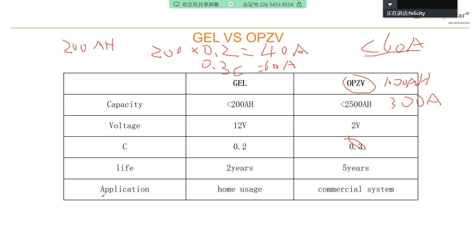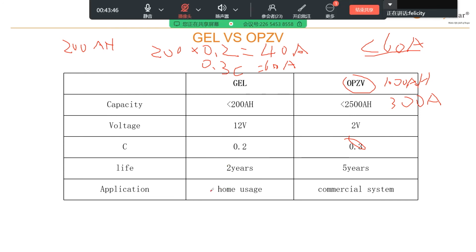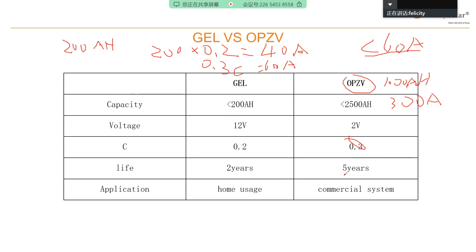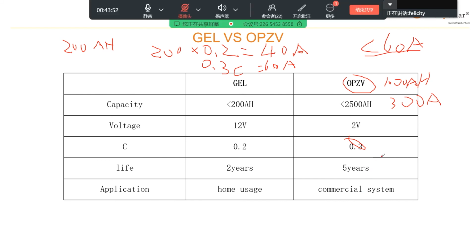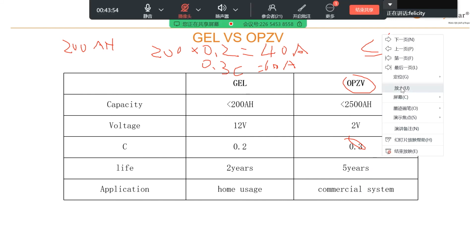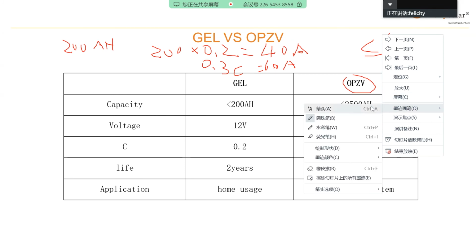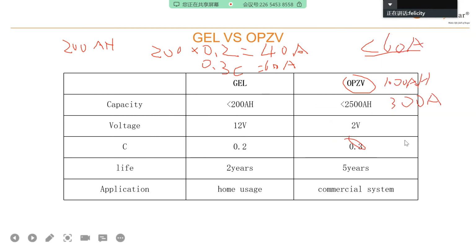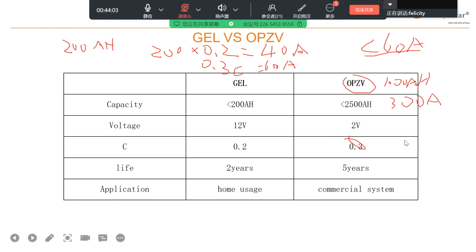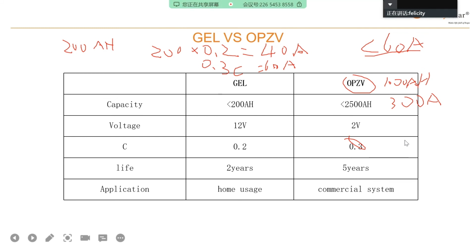From the application side, the GL is mostly for home usage, and OPCV is normally used for commercial or big systems, like systems that require high battery voltage.